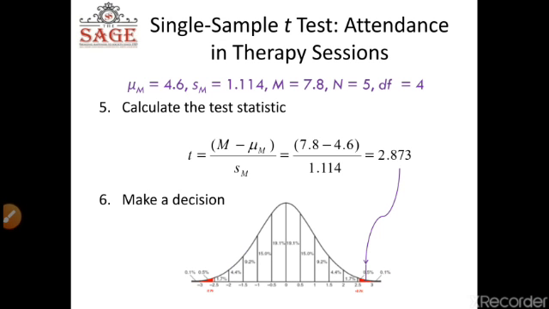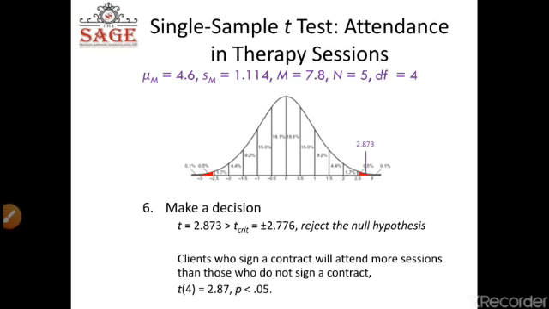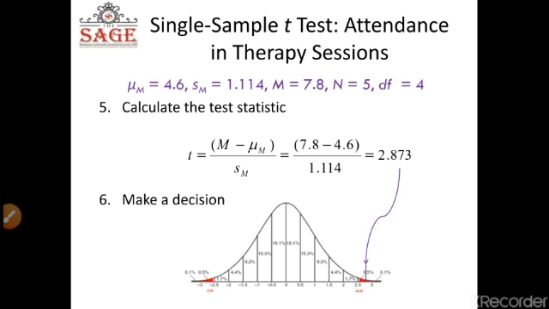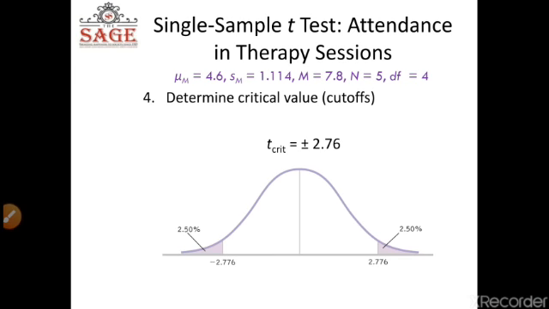So that is 7.8 minus 4.6 divided by 1.114, which is going to give you your t numerical value, that is 2.873. So when 2.873 is given to you, and your critical value calculated was how much? If we go back, it is 2.776.